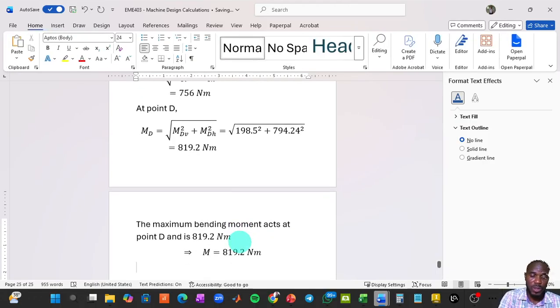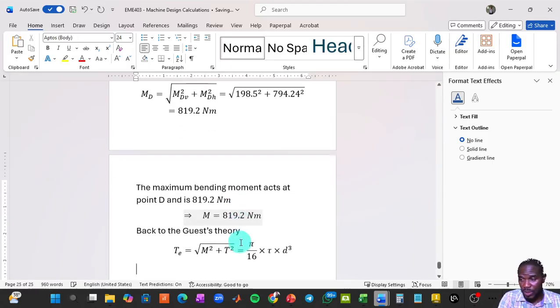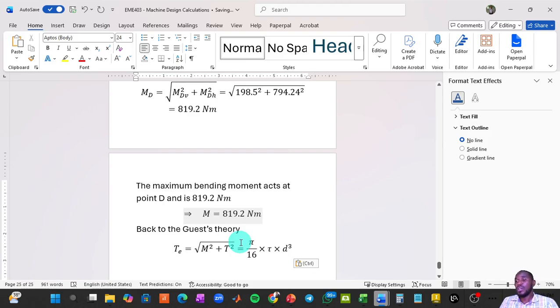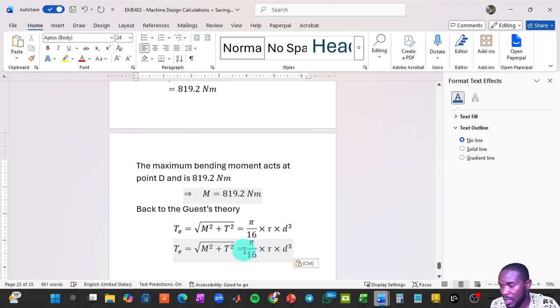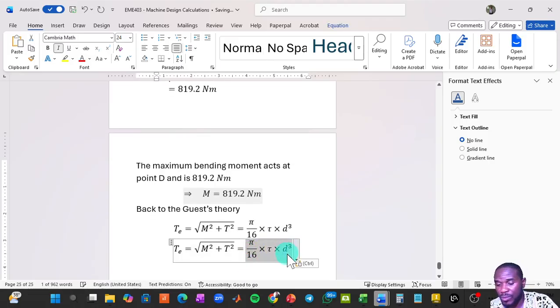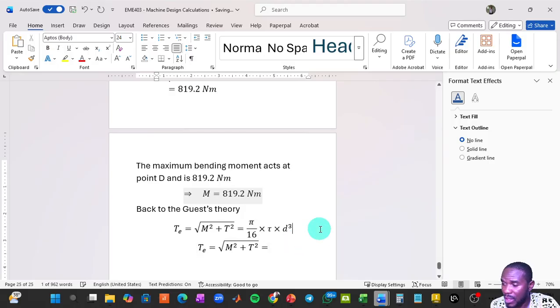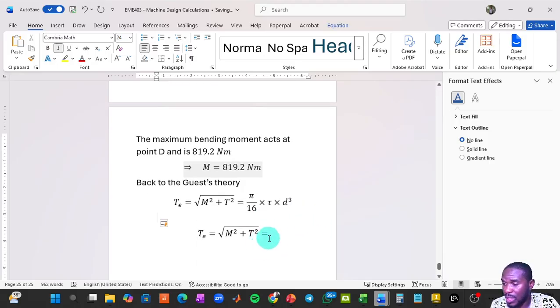Okay, so back to Guest's theory that says this. We can first find the equivalent value, because we'll need this later.